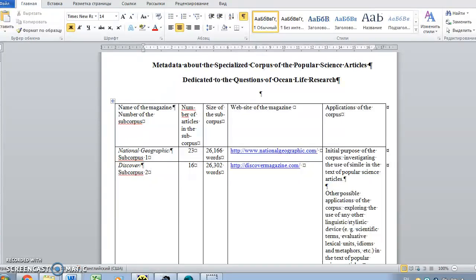And as it's shown in some previous research, similes typically include different stylistic devices within themselves, for example, scientific terms, or especially colloquialisms, slang, jargon, of course, stylistically neutral vocabulary, or evaluative adjectives, and so on.